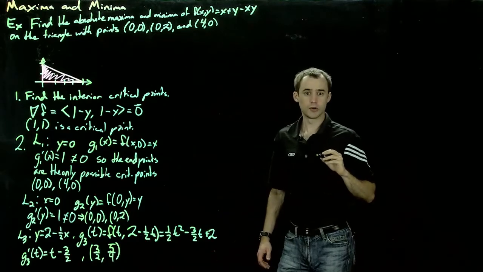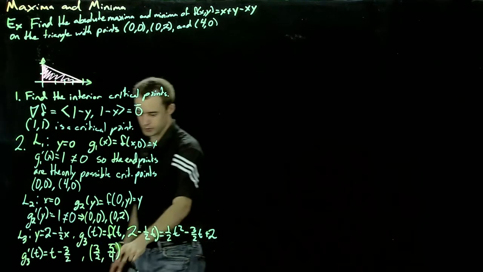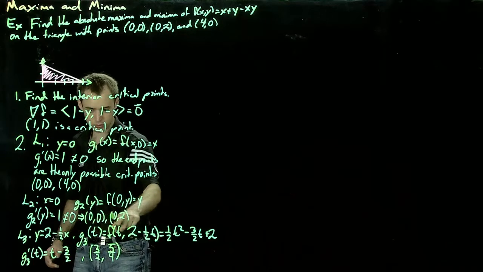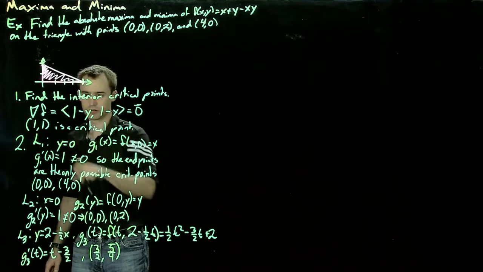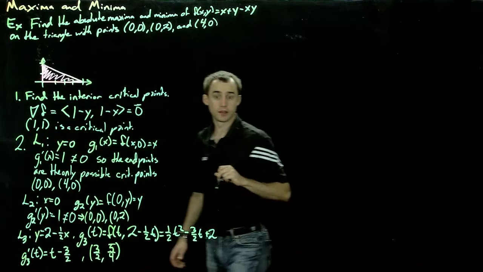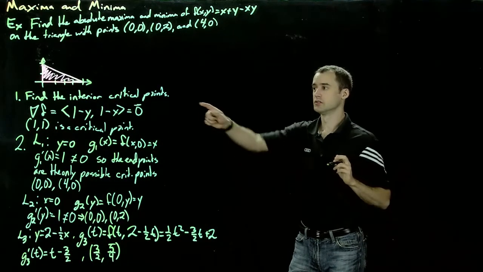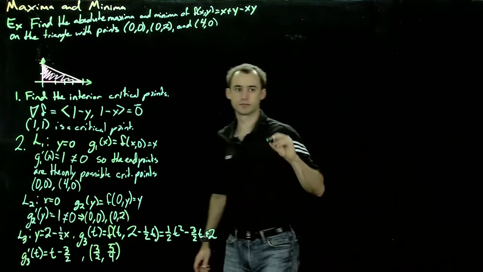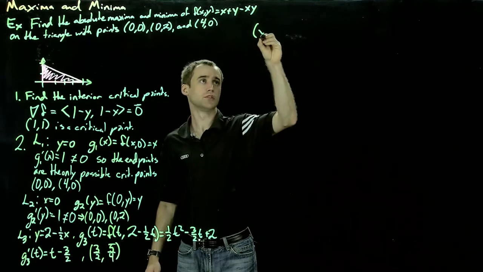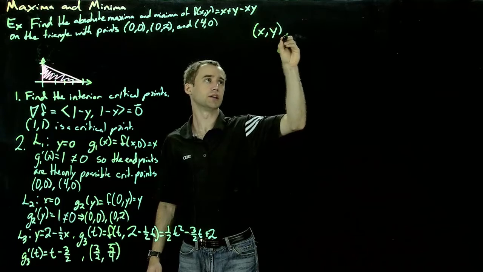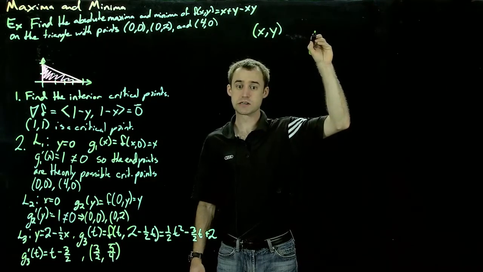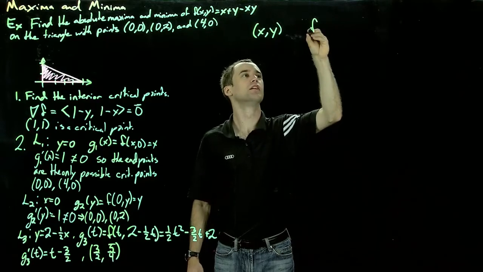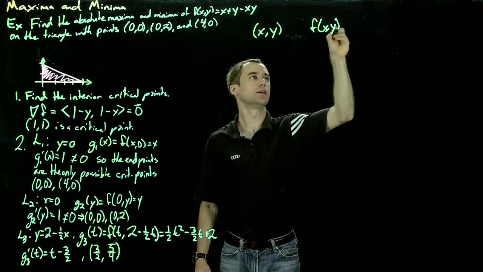Okay, so now we have 5 points to check. Let's find the value of f on all of these points. So x, y, again, let's make a chart, f(x, y).